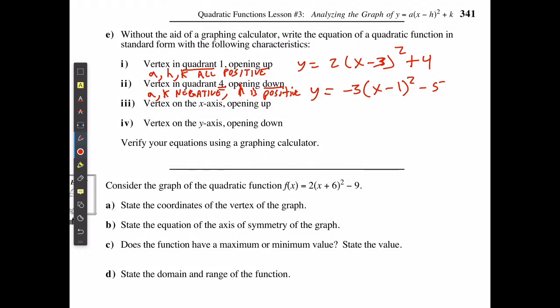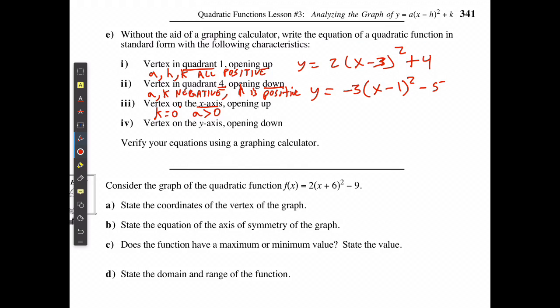If the vertex is on the x-axis, then that means that the vertex is going to occur when y is equal to 0. Y is represented by k in this case, so I know my k has to equal 0. If it opens up, a has got to be positive or bigger than 0.